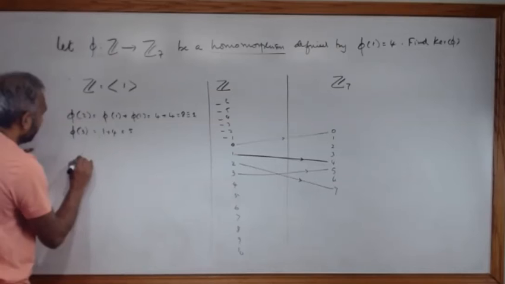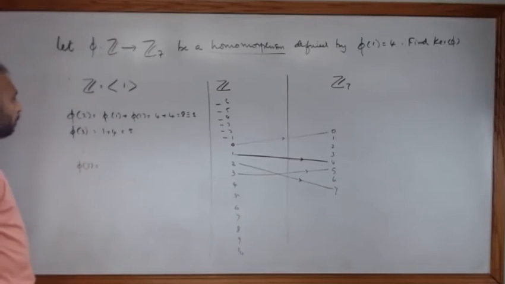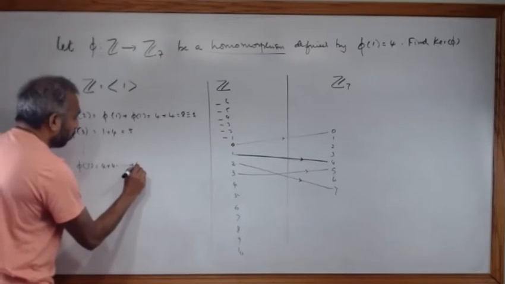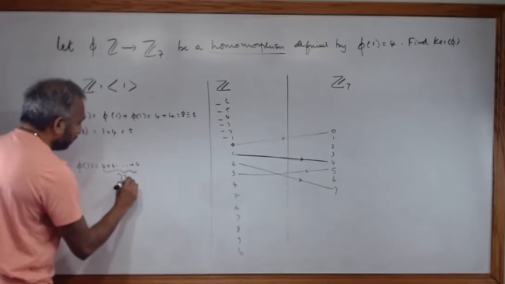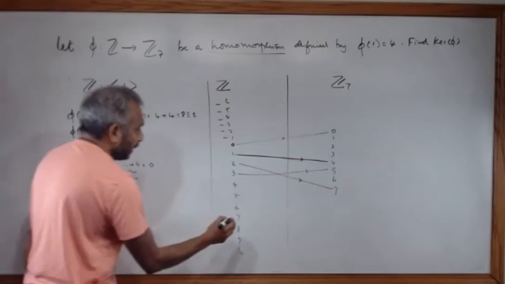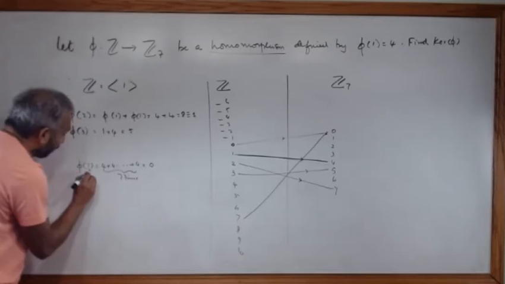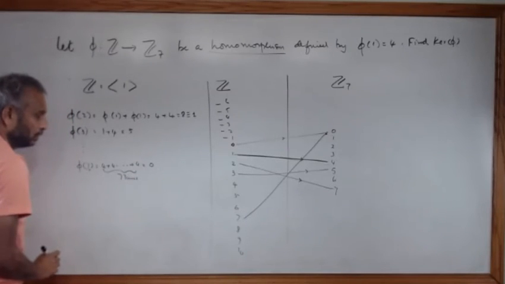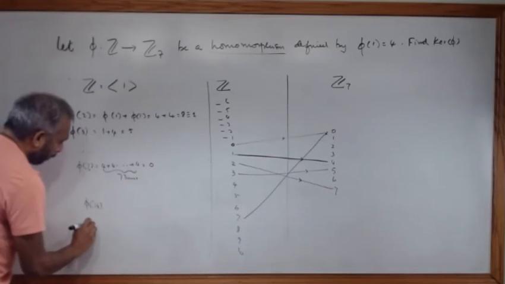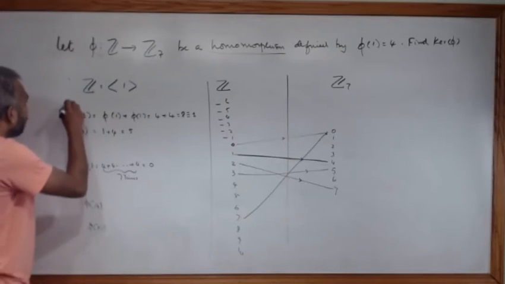When you go like this, phi of 7 is going to be 4 plus 4 plus dash dash plus 4, 7 times, and that is equal to 0. So 7 actually goes to 0. In fact, all the multiples of 7 should go to 0. So phi of 14, phi of 21, etc., and phi of minus 7, etc.